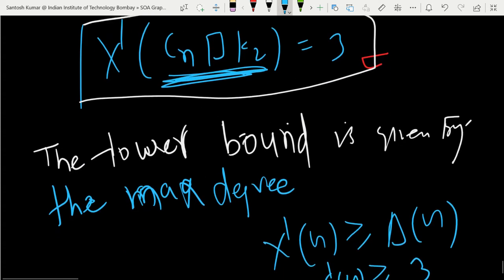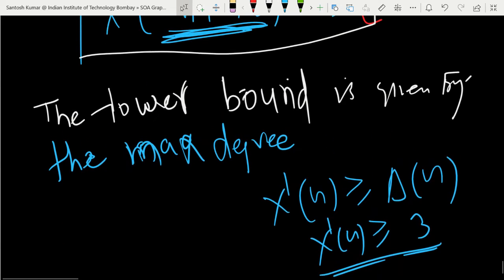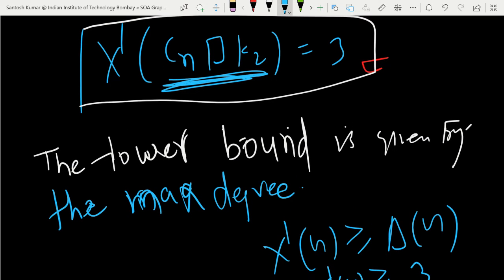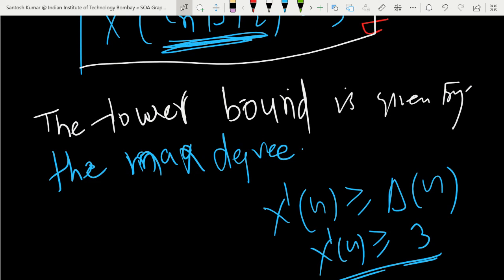Okay, so you notice in Cn Cartesian product K2, each vertex has degree 3, that's why it is going to be more than or equal to 3. So the lower bound for this edge chromatic number is given by the maximum degree of a vertex or maximum degree of the graph.